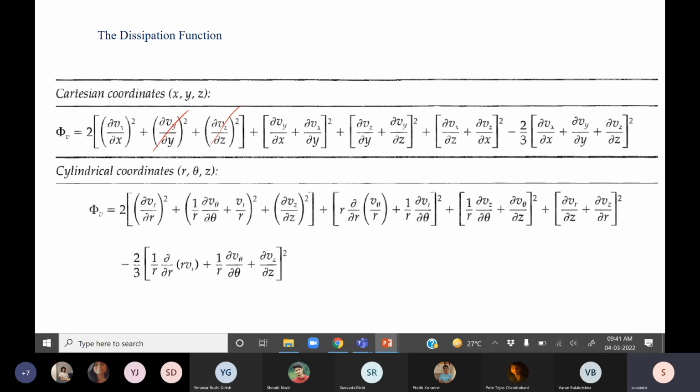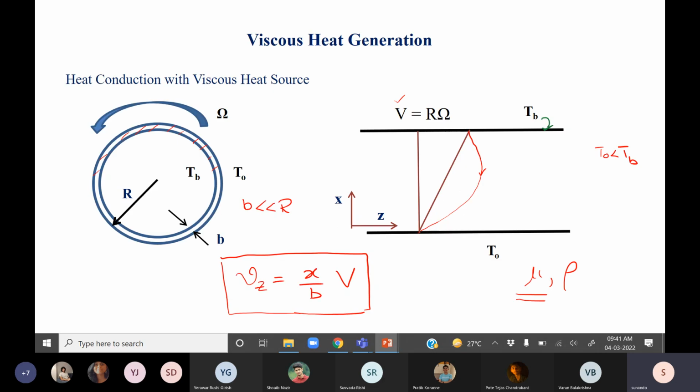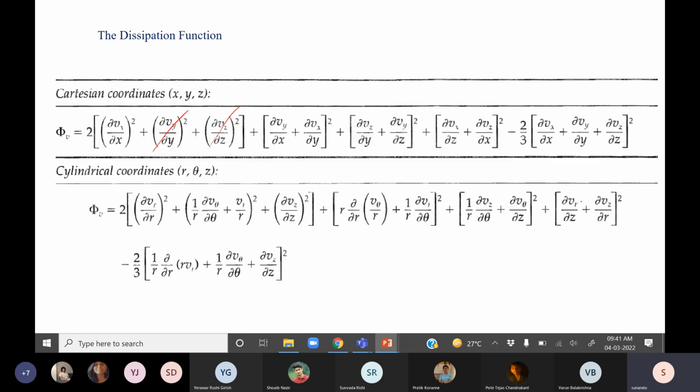So which one do you think? In this case, I have a Vz which is a function of x. So which term is going to be present in this?